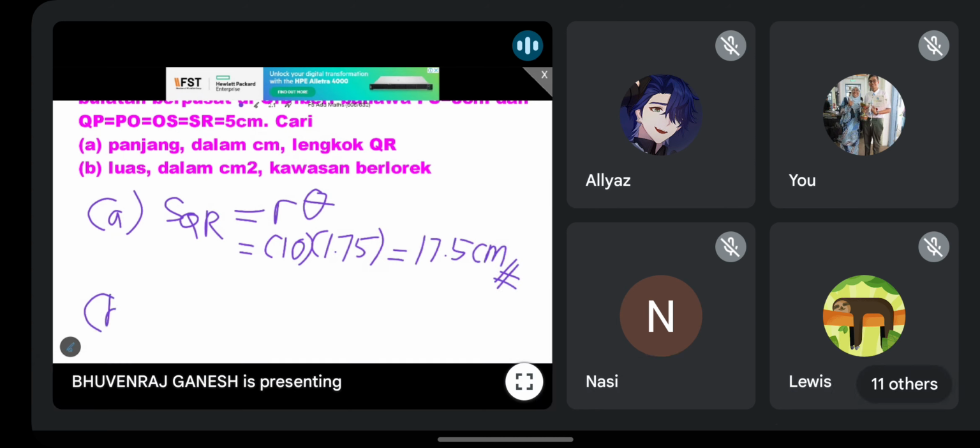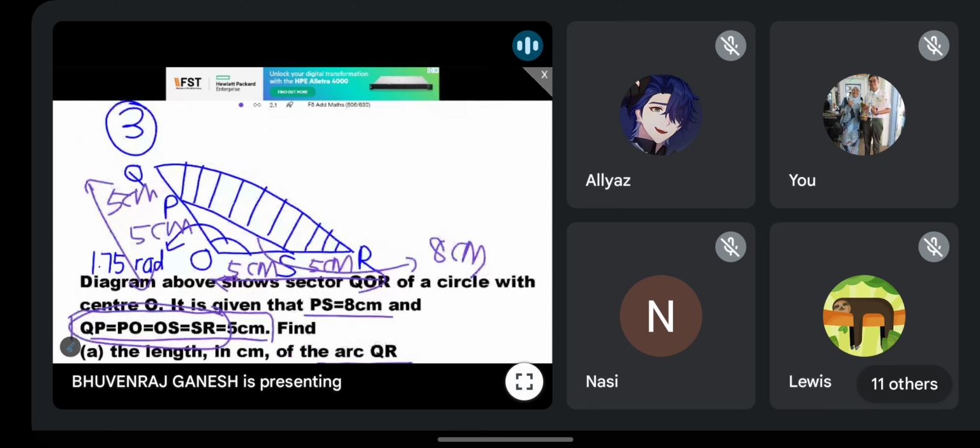Okay, bahagian B. Area of shaded region, luas kawasan berlorek. Okay guys, again, what is the formula we use untuk kira luas yang ni? Apa rumus dia? This one is revision based on soalan sebelumnya.